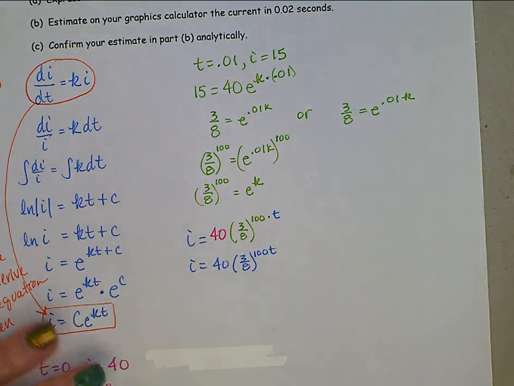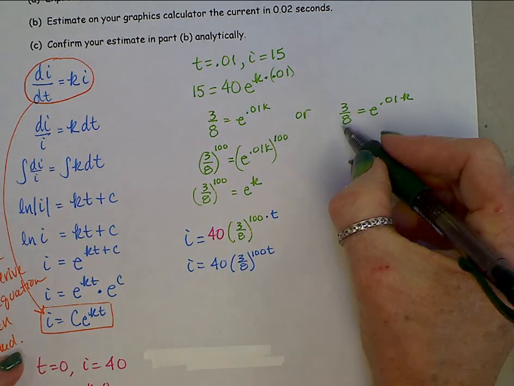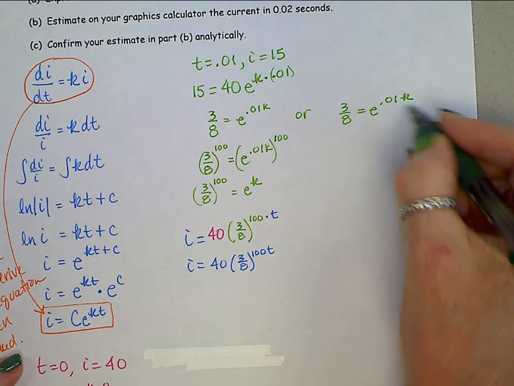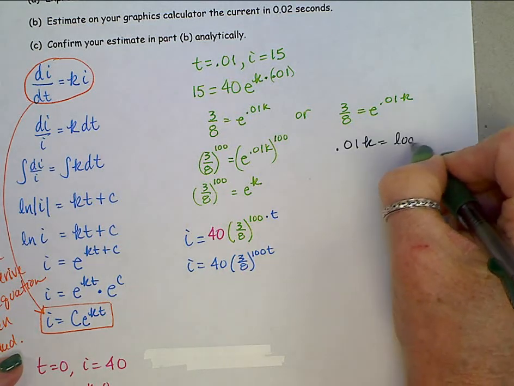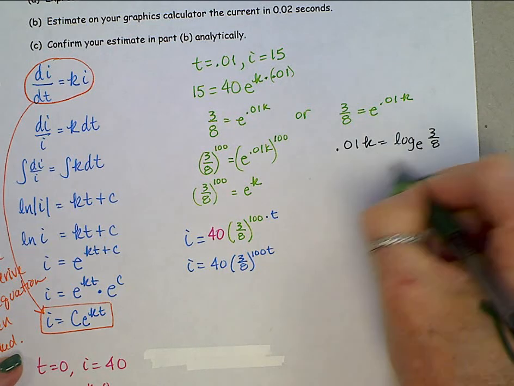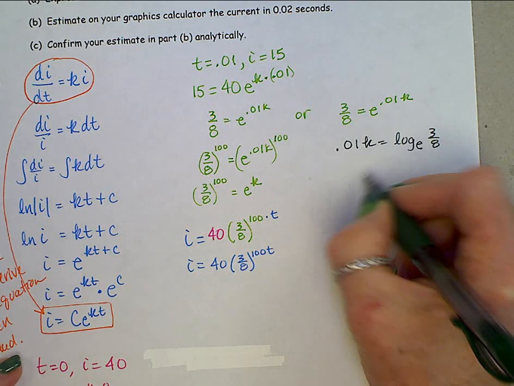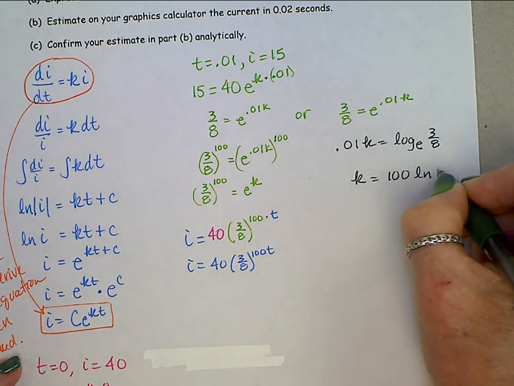All right, the other way to solve this one is to rewrite this into logarithmic form, which would be the exponent 0.01k is log base e of 3/8, which is natural log. I'm going to multiply by 100 here, and we'll have 100 natural log of 3/8.